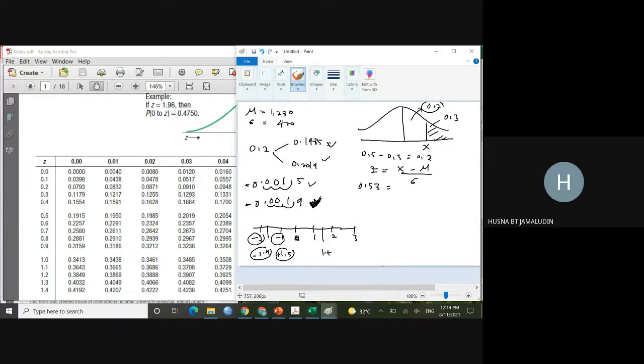And then you don't know about your x here, minus your mu. What is your mu? Where is the mu? 1.28 over your sigma. What is the sigma? 420. So 420. What will you get from all this working?